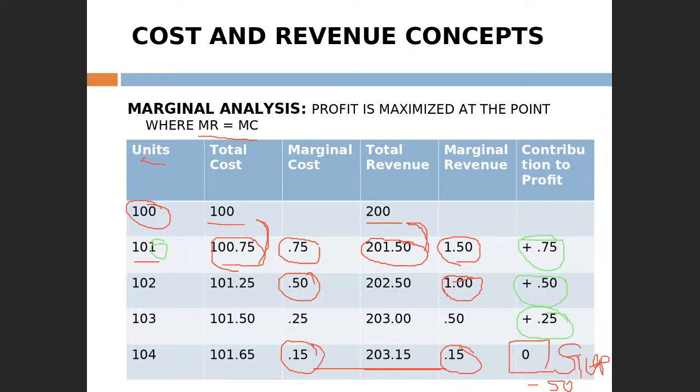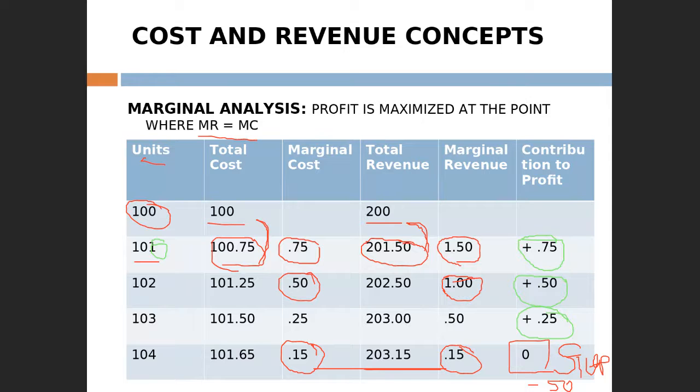The second row, for one extra unit of production, you add a total cost of 100.75. So that means the 0.75 was the marginal cost for the extra production of one unit. So my confusion is why do we have 1.50 for the total revenue?